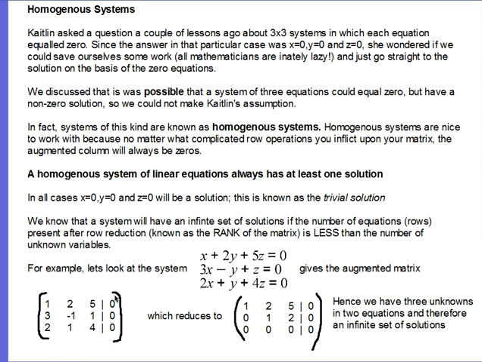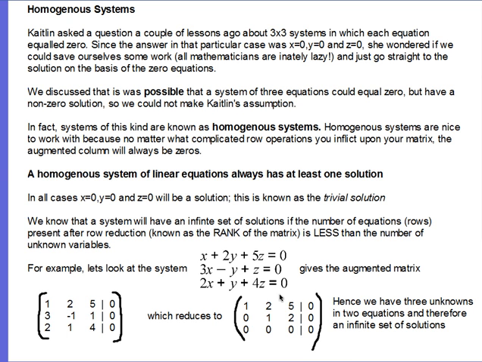Anyway, this system here reduces to this row reduced echelon form here, and notice that I have a row of zeros at the bottom. So therefore I have three unknowns, x, y and z, in two equations. So of course I have an infinite set of solutions, and we go through that process of using the parameter t to describe the relationship between x, y and z.